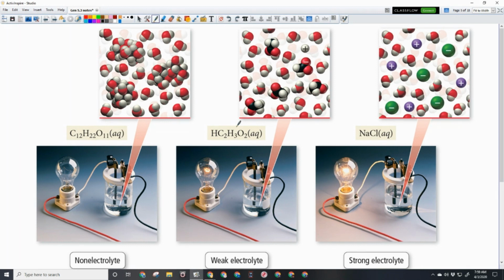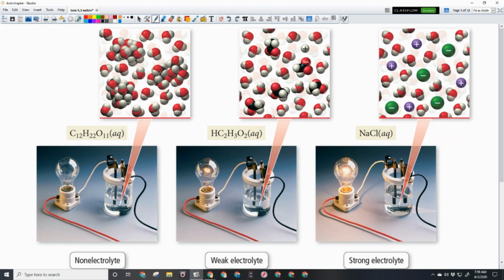So let's look at three different cases: a non-electrolyte, a weak electrolyte, and a strong electrolyte. A non-electrolyte is when you have in a solution, either it doesn't dissolve at all, if it's a salt, or it does dissolve, what we call dissolving, but it doesn't dissociate, it doesn't split apart, it just dissolves.